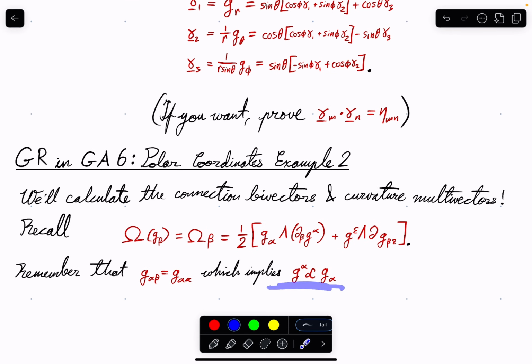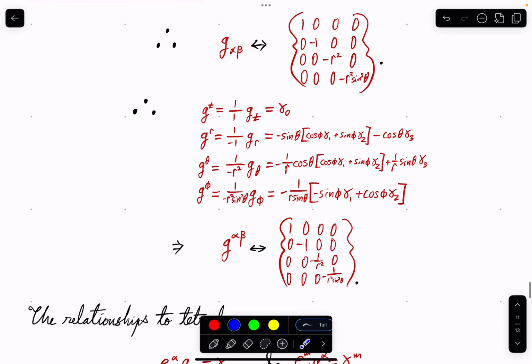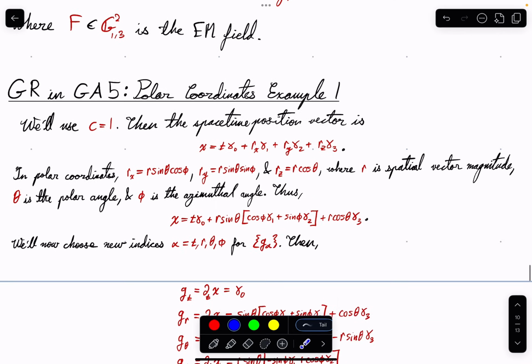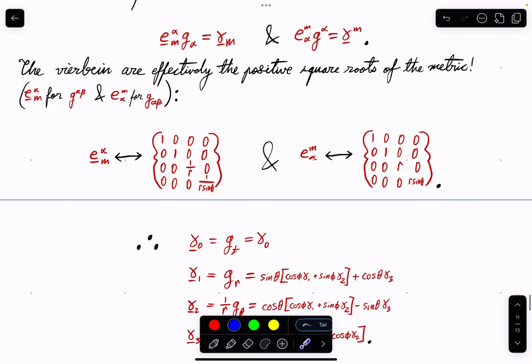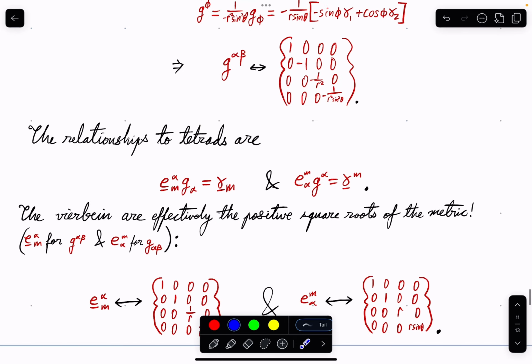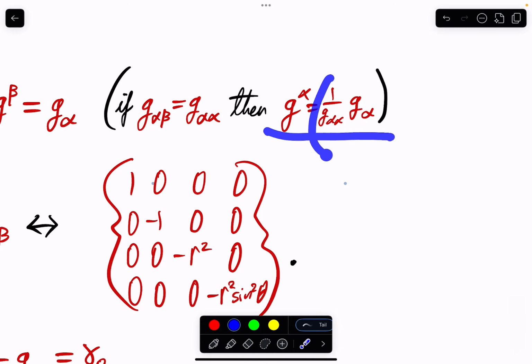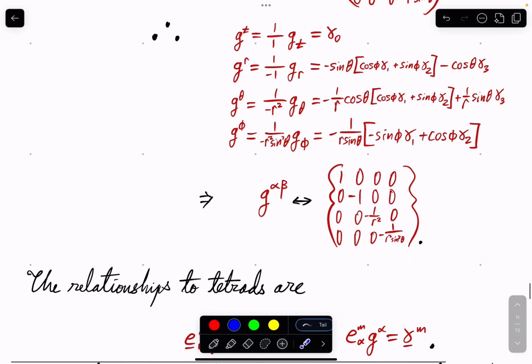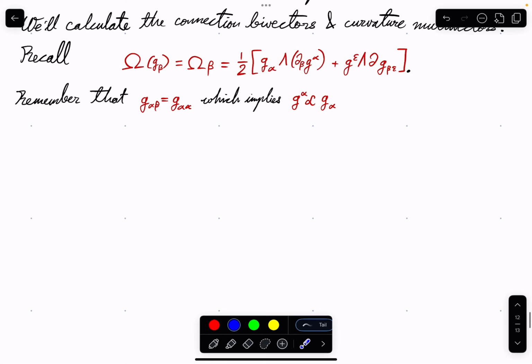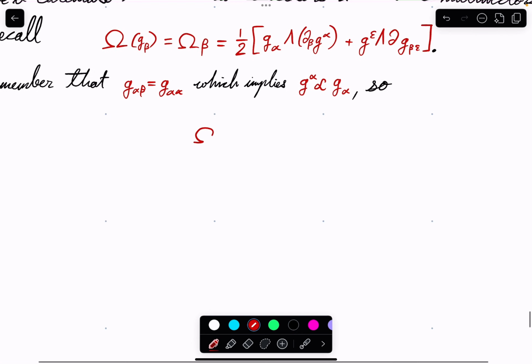If you're not convinced by this, remember that in the last video we had an identity for that, and we have it right here, that they are indeed proportional to each other. So if they're proportional, then this wedge product should vanish. So in reality, the calculation is much simpler.